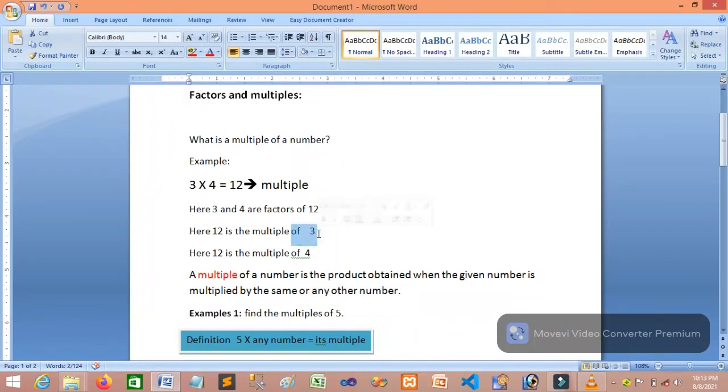If you multiply 3 four times, we get 12. If you multiply 4 three times, we get 12.